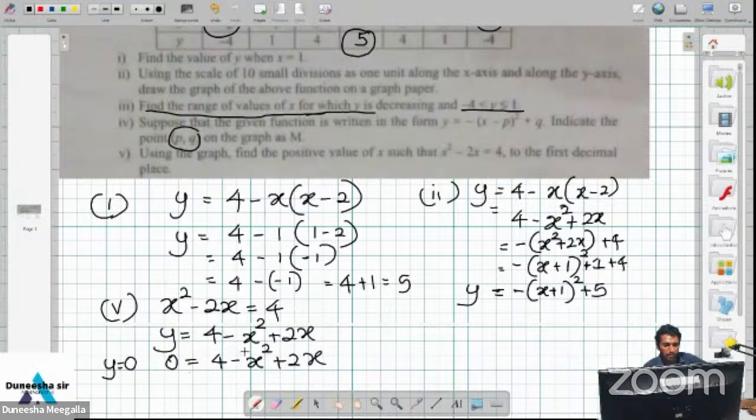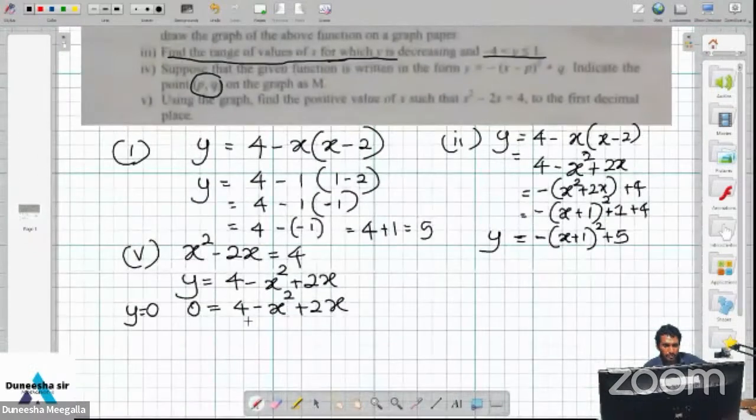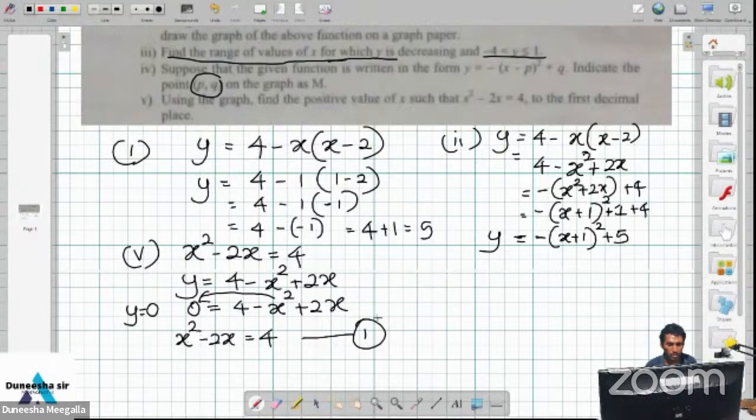Then if we take the x square term into the left side, what is it? x square minus 2x equal 4. Okay. Then this is our equation. When y is 0, what are our values? We have to find by the graph. Okay.